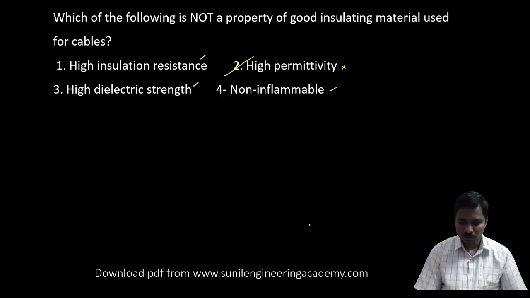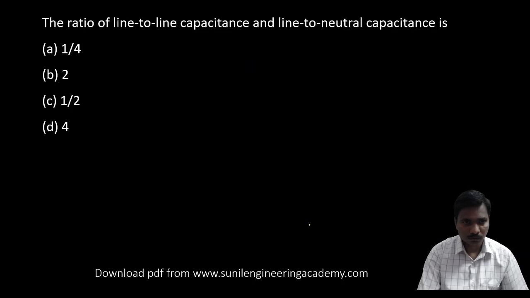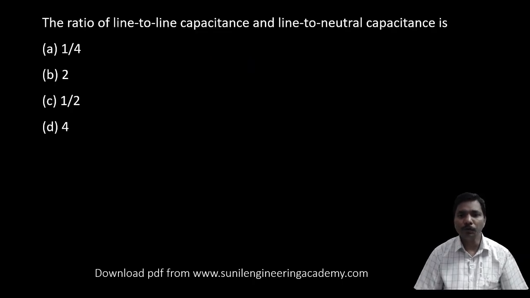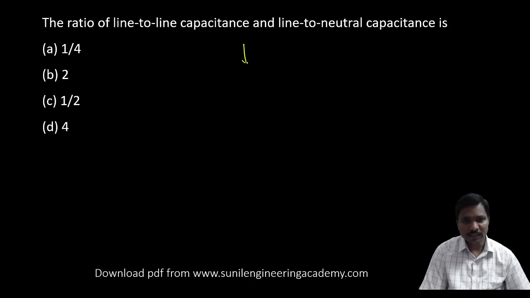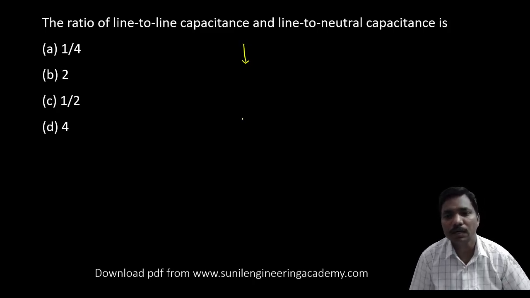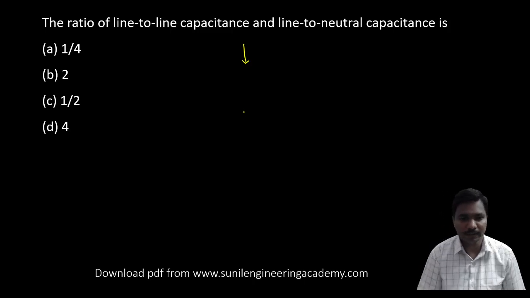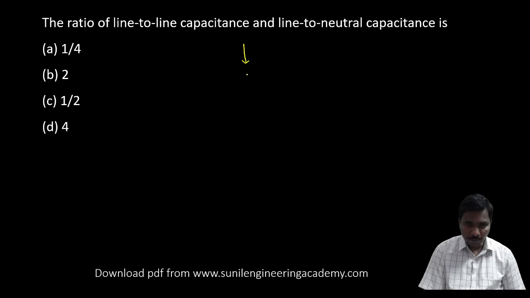The ratio of line to line capacitance and line to neutral capacitance is dash. We have already discussed the same concept in overhead lines: the capacitance between line and neutral is equal to 2 times the capacitance between two lines.